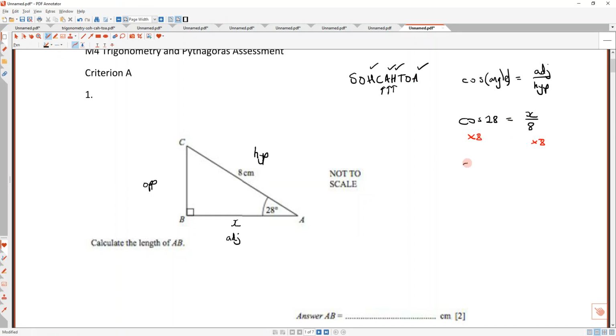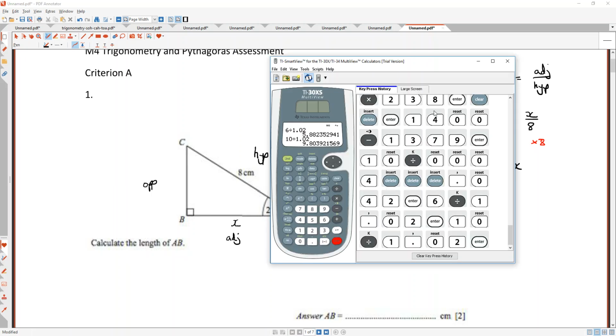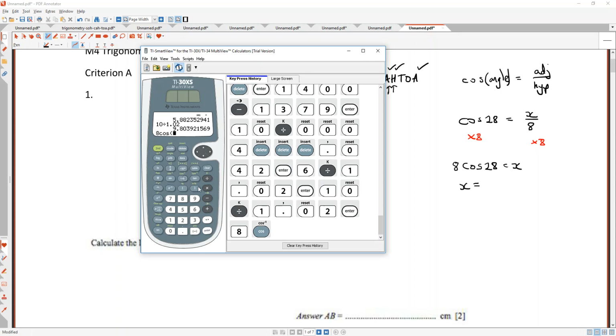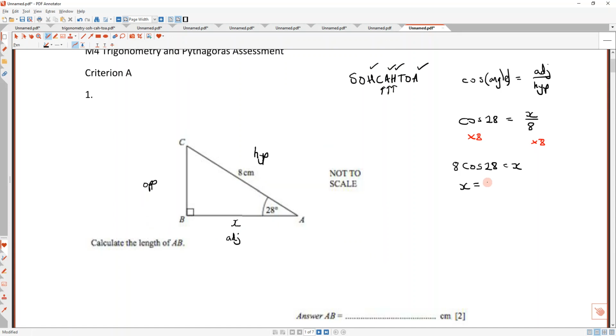So I end up with 8 multiplied by cos 28 equals x. X equals, let's go down and get our calculator. Eight cos 28 equals 7.06.